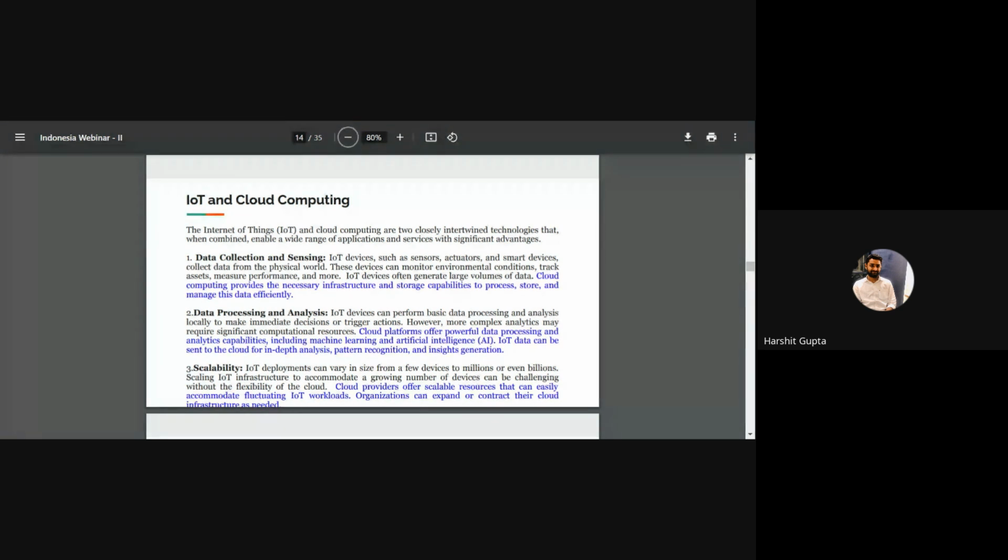By using all such things, these IoT devices generate a large volume of data. And when we associate it with cloud computing, it provides the necessary infrastructure and storage capability to store, process, and manage this data very efficiently.